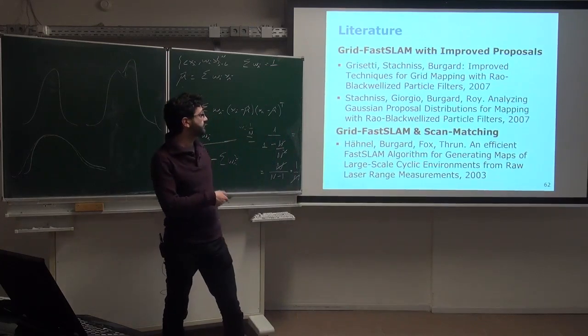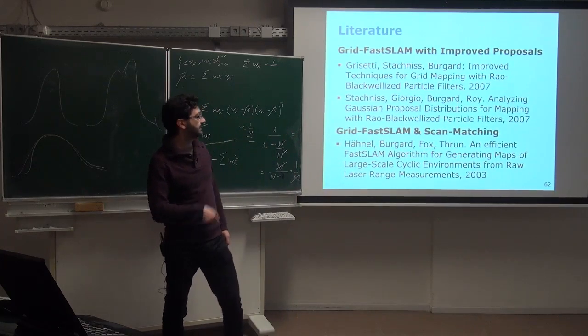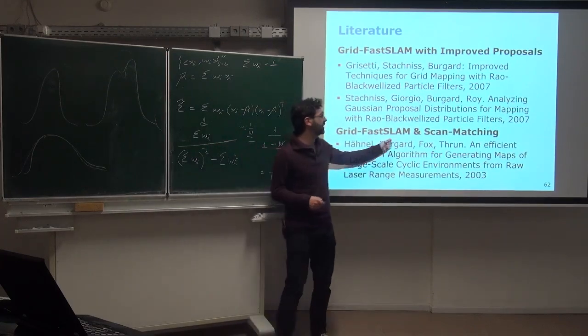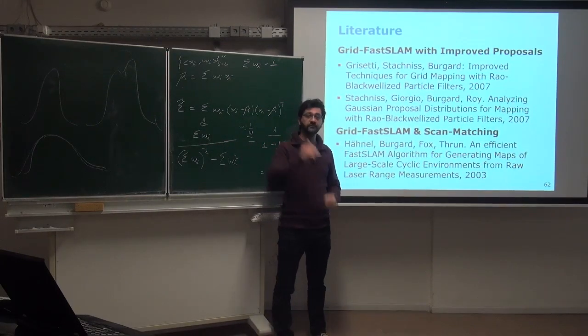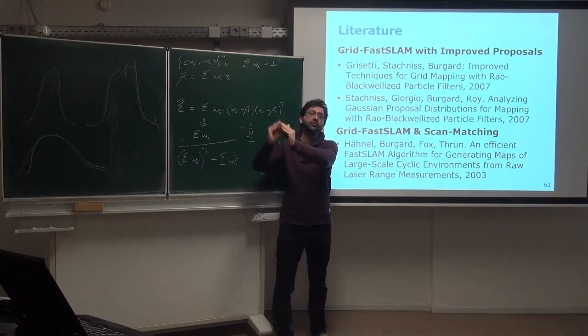This one down here from Hähnel, Burgard, and Thrun describes how to do this chunk scan matching, so this improved odometry by just saying I do a scan matching for a small chunk, and then I use this as an updated or improved motion model, and I sample from that.